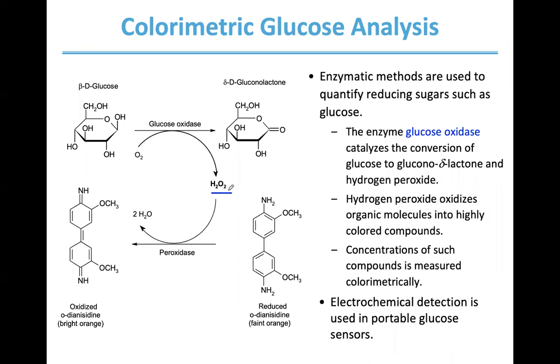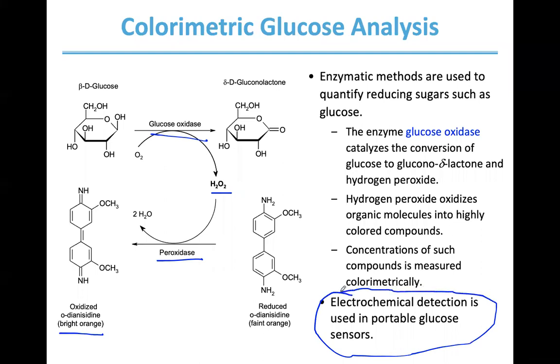But once it's oxidized by hydrogen peroxide in the presence of another enzyme, peroxidase, so this is glucose oxidase, this is peroxidase, it undergoes oxidation to form this orthodianisidine. And this one is bright orange. So this is utilized in portable glucose sensors, right?